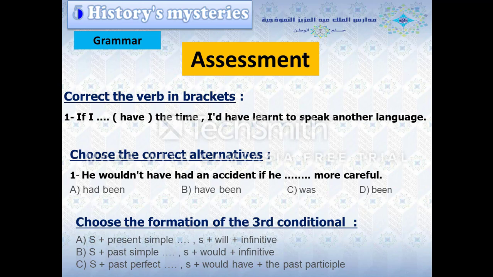A. Subject plus present simple, subject plus will plus infinitive. B. Subject plus past simple, subject would plus infinitive. C. Subject plus past perfect, subject plus would have plus the past participle.